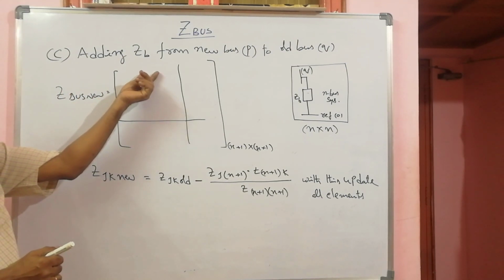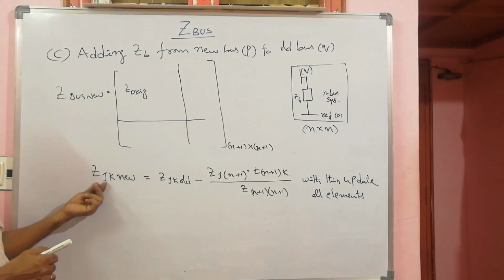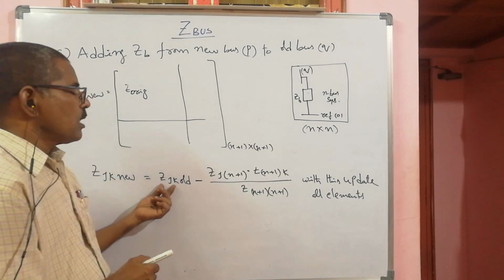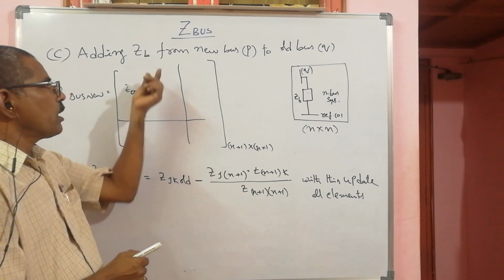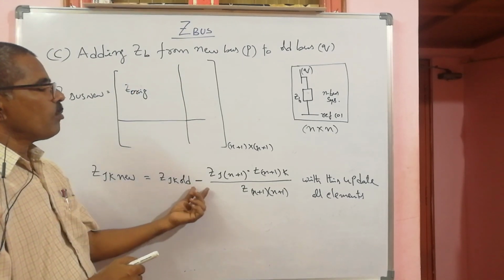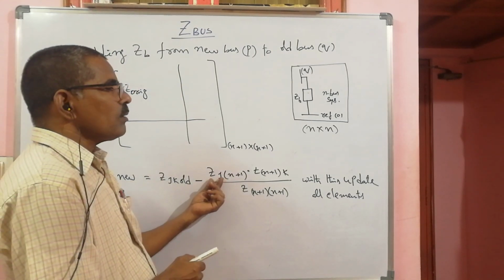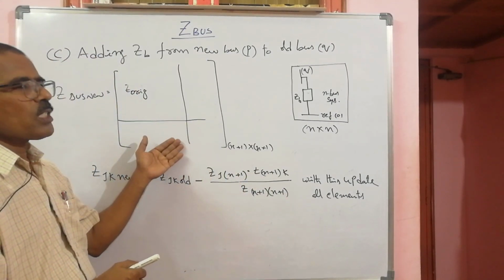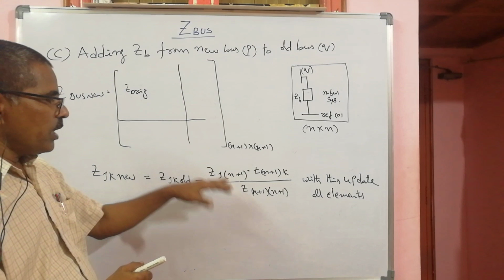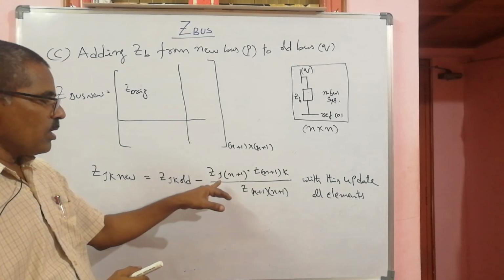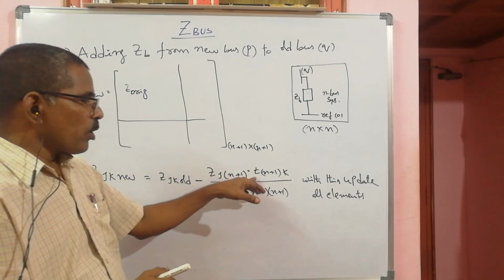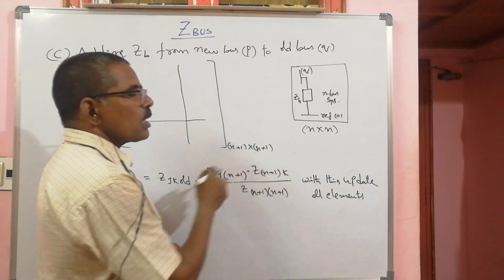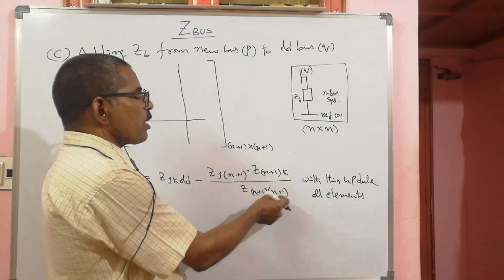Suppose if you want to modify Z13, J is 1, K is 3. So Z13 new is Z13 old, already existing value, minus Z1, suppose it is 4 by 4 system. This temporarily it becomes 5, n plus 1 is 5. So Z15 product Z51, both are same of course, divided by Z55.